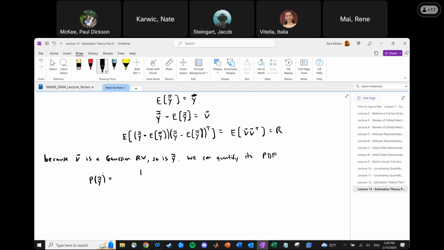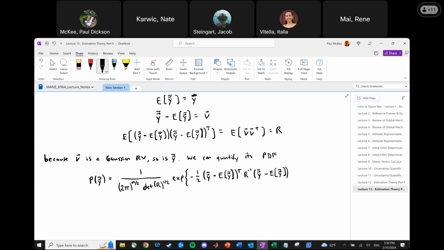is equal to, and this is just from the definition of a Gaussian distribution, right? It's going to be 2 pi to the m over 2, where we're assuming that there are m measurements, as in Mike, determinant of R to the 1/2 power, times the exponential function of negative 1/2 (Y minus expected value of Y) transpose R inverse (Y minus the expected value of Y).